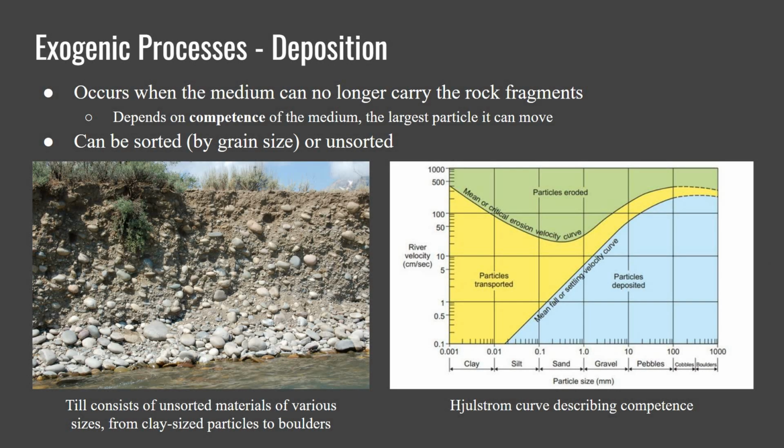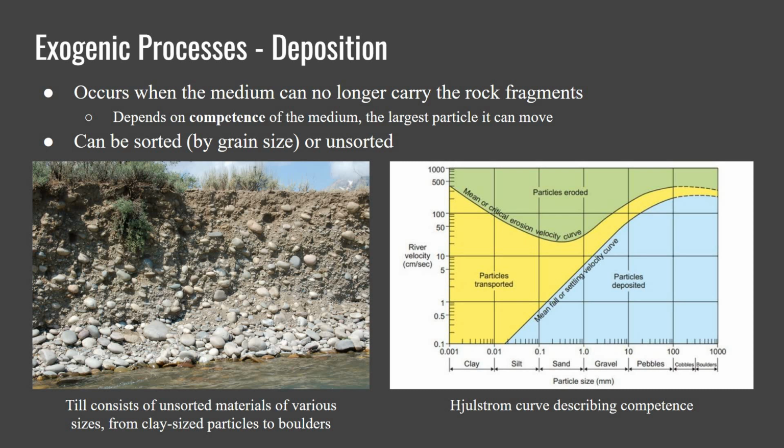Lastly, we have deposition. It occurs when the medium, whether it's wind, water, or ice, can no longer carry the rock fragments. In the case of wind and water, it depends on the speed. In the case of ice, it just depends on if it melts or not.